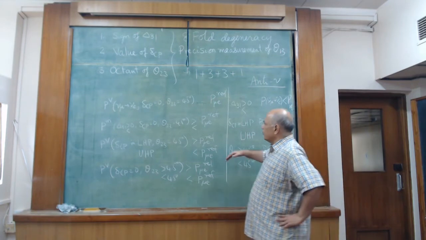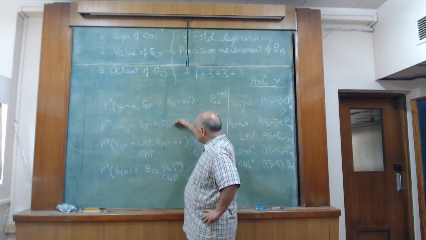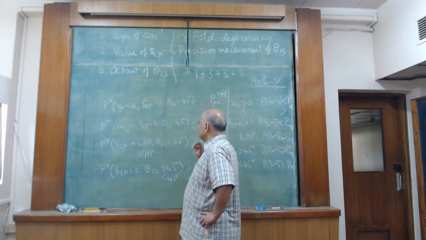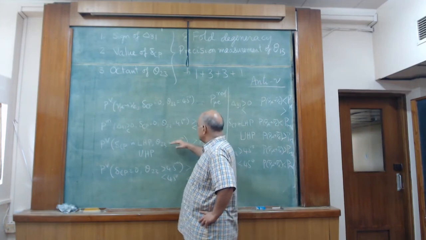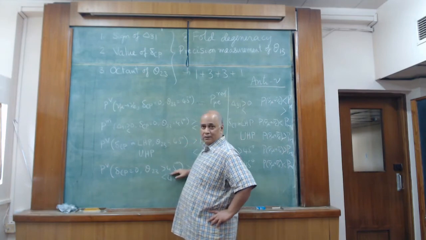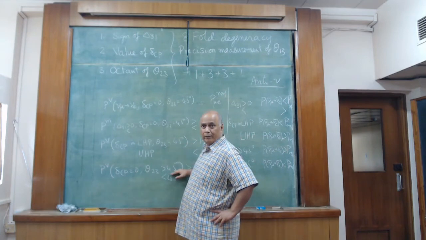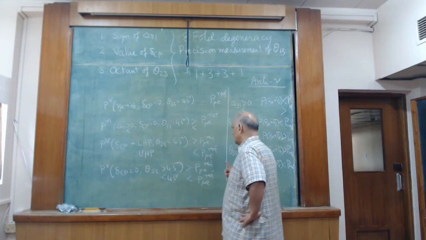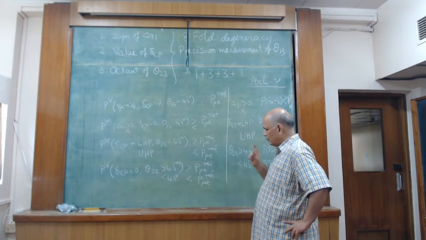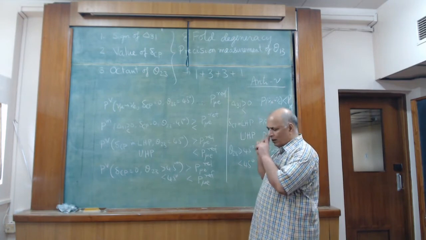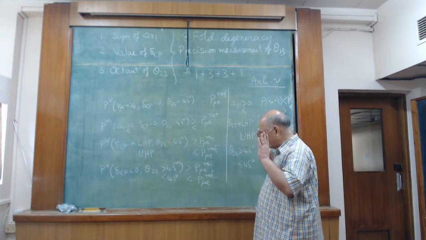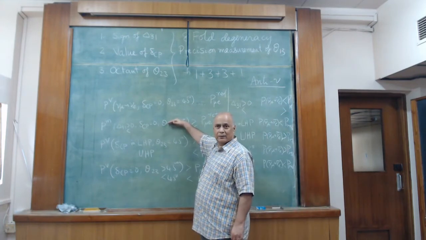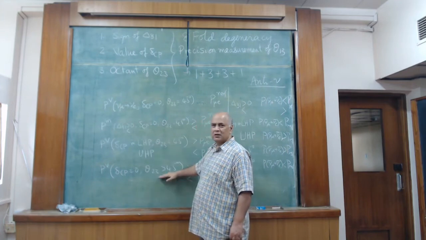Suppose this increases and this increases and this decreases. That also we can rule out. Sorry, I'm unnecessarily getting mixed up. Let me consider this solution first. This increases, this also increases, this decreases.